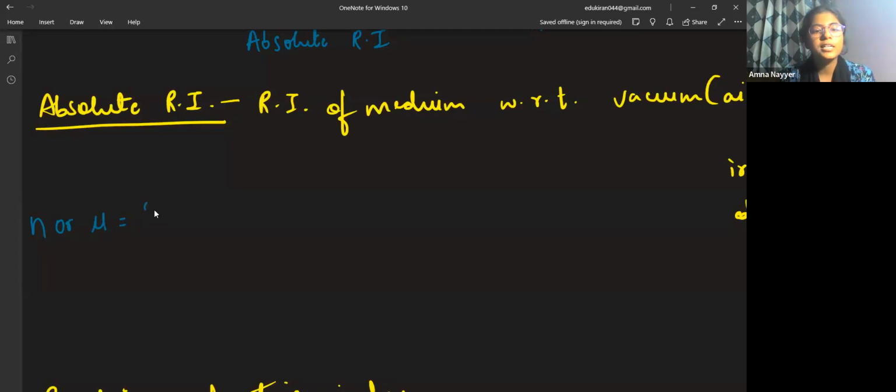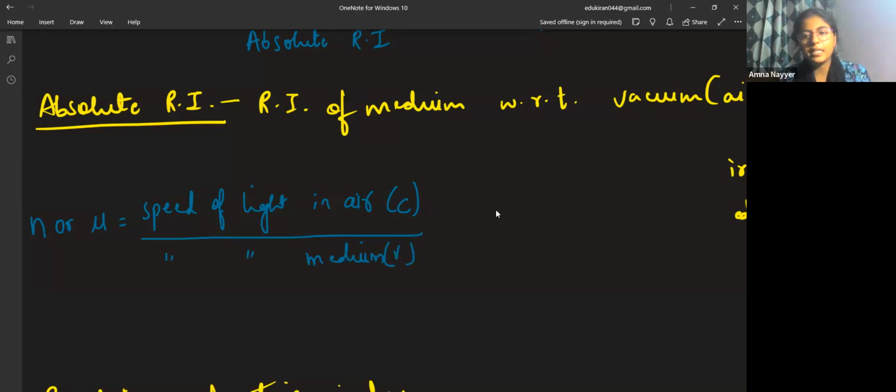So speed of light in air you are taking, so speed of light in air, c, divided by speed of light in the medium, the second medium which I was mentioning, c by v. Similarly, this is the same for wavelength. Wavelength in air divided by the wavelength in the medium m.